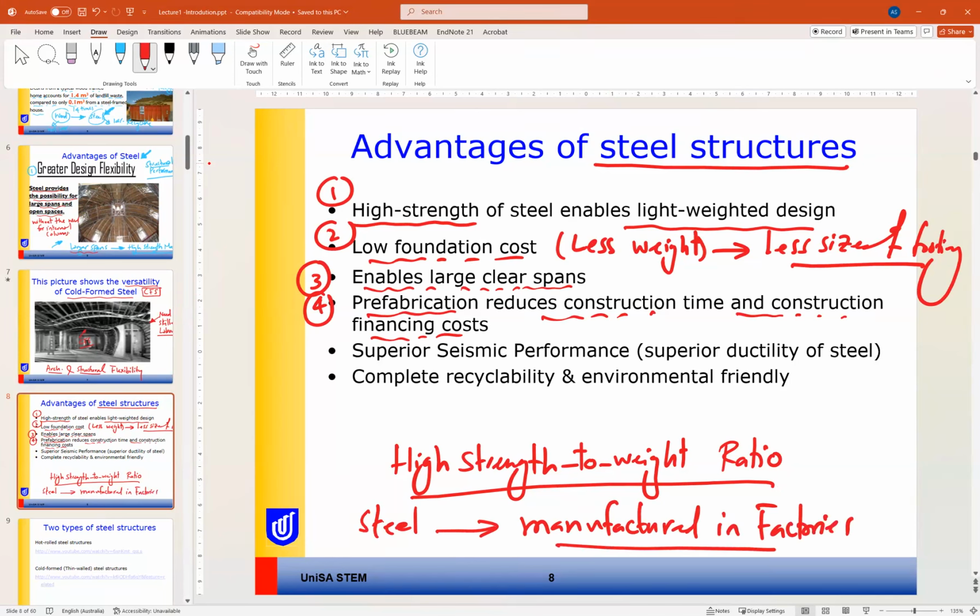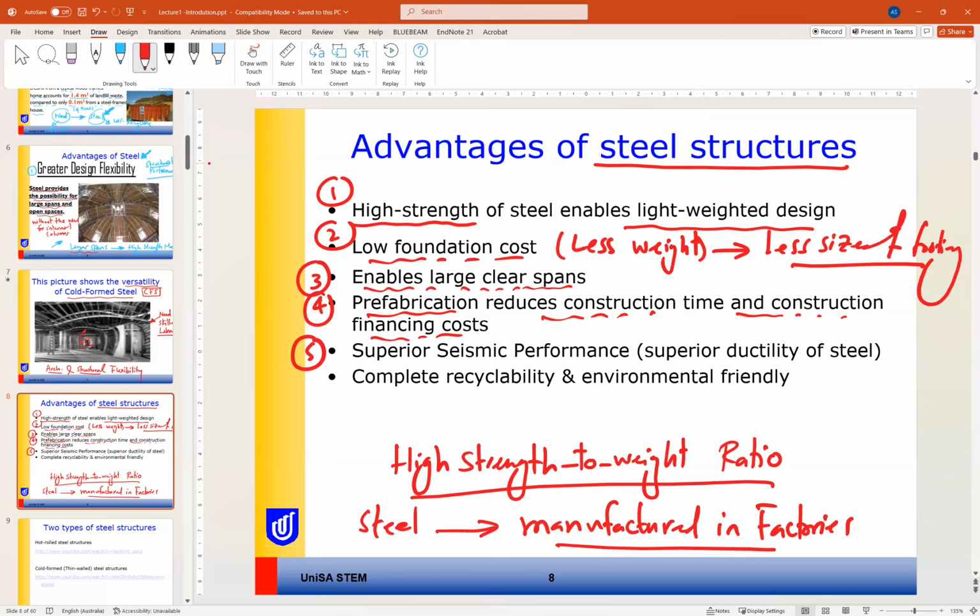So this will give us high quality material or controlled quality material, and also will reduce the time and cost for building or for manufacture. But for example, concrete mainly, you need to mix on site, and also the quality of the concrete will not be that good as steel.